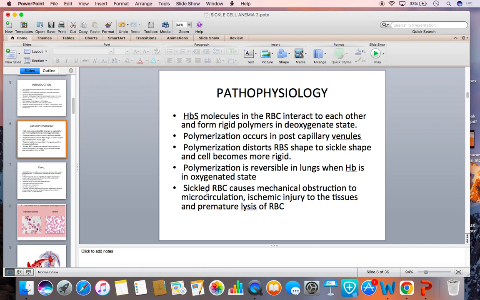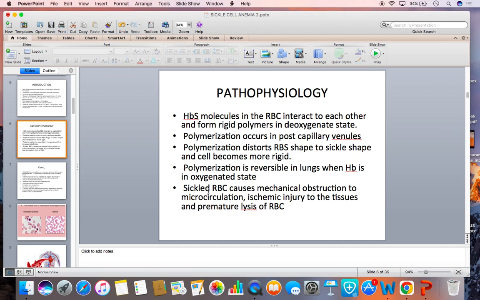Once this mutation occurs and changes adult hemoglobin to sickle hemoglobin, sickle hemoglobin undergoes polymerization in the presence of hypoxia, or in the deoxygenated state.